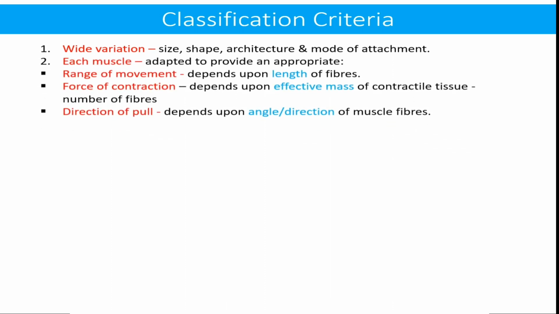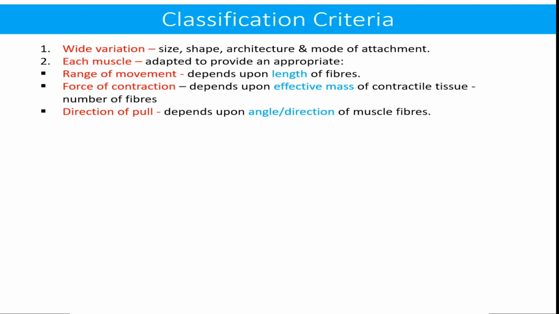Now let us proceed to the classification of skeletal muscle. First, the criteria for the classification. As there is wide variation among the size, shape, architecture, and mode of attachment of muscles, each muscle is adapted to provide an appropriate number one, range of movement, which depends upon the length of the muscle fibers.